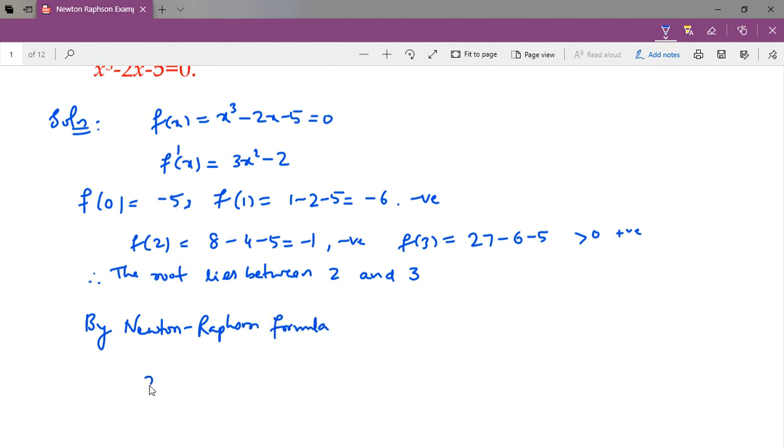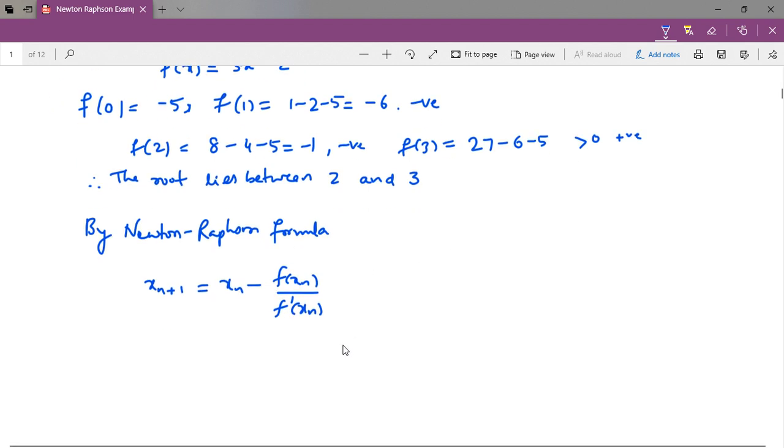We have x n plus 1 is equal to x n minus f of x n divided by f dash of x n. Substitute whatever values we have in this formula.